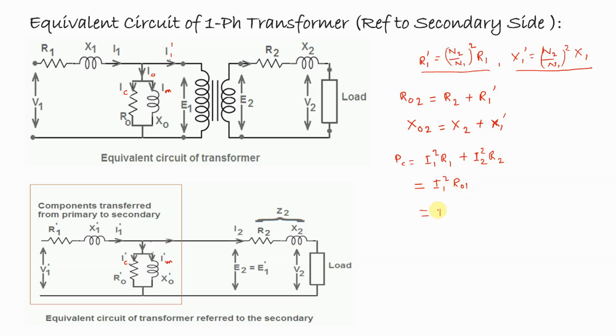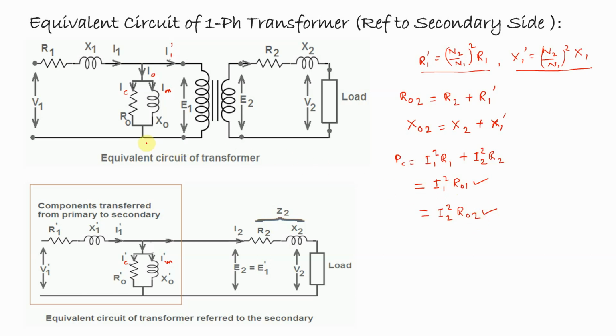Again, it can be written as I2 square into R02, where R02 is the equivalent resistance of the transformer referred to secondary, and I2 is the secondary current. So instead of two different calculations, we can calculate by using only this formula or only this formula to calculate the total copper loss.